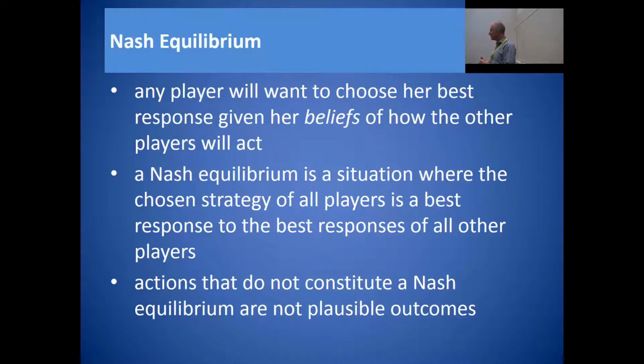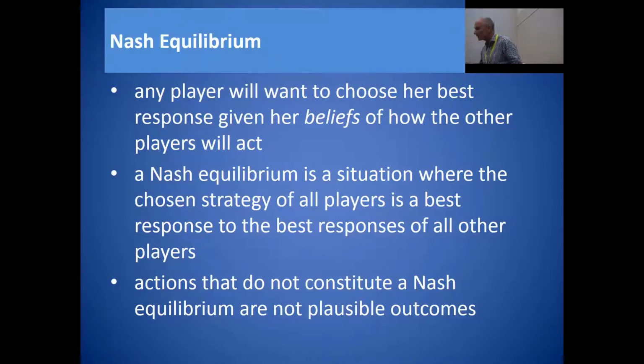So if you've got an outcome that isn't a Nash equilibrium, it means that at least one of the players is choosing an action that isn't a best response. So if you were a player and you weren't choosing an optimal response, a best response, what would you do? Something different.